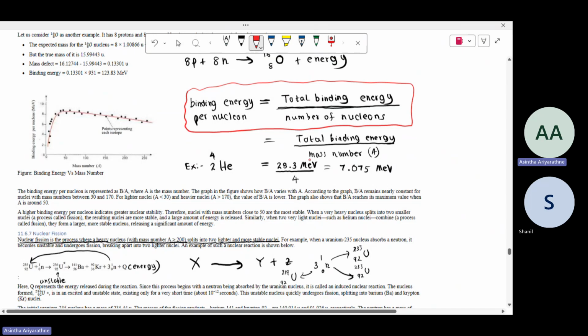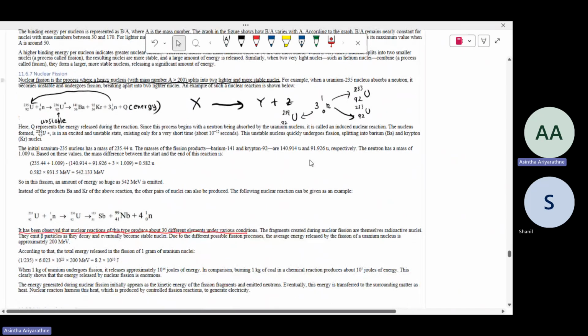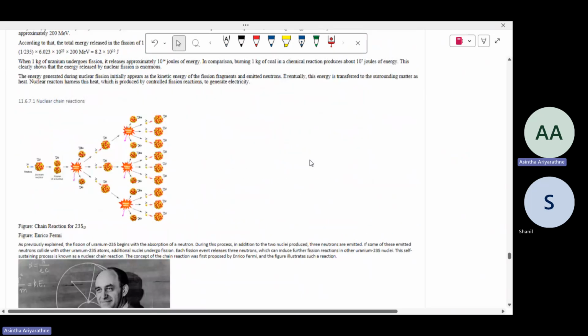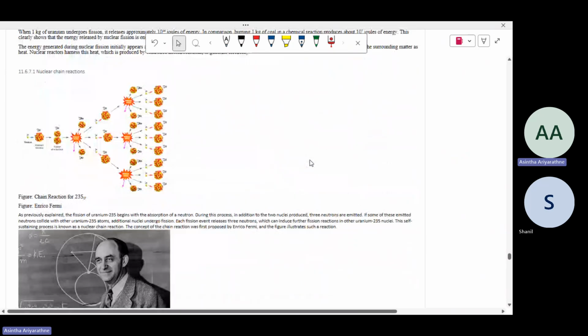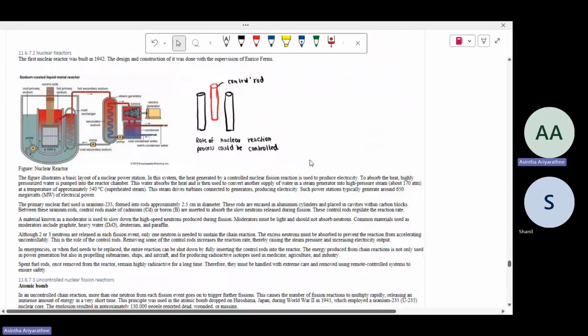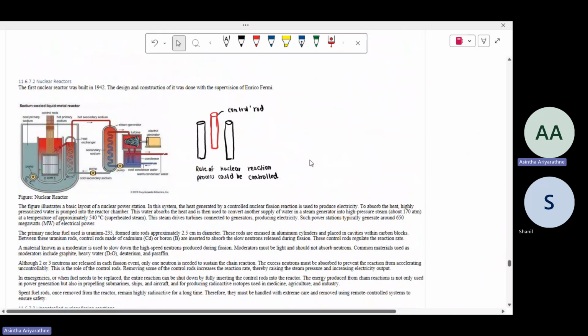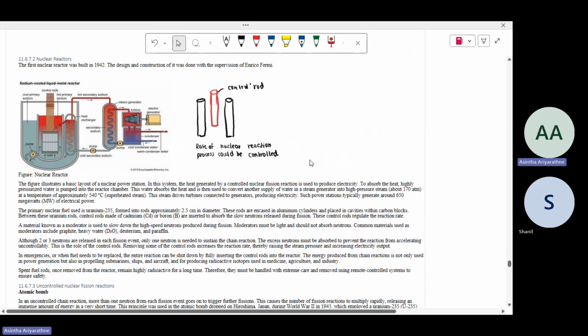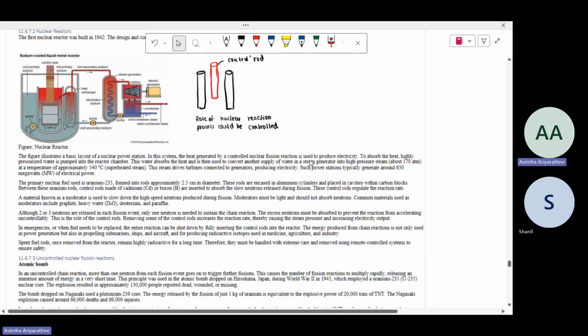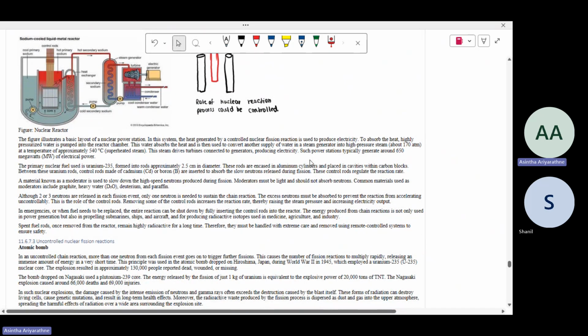Then about nuclear fission and nuclear fusion reactions. Nuclear fission is basically the breaking of highly unstable heavy nuclei into smaller, more stable nuclei. And about nuclear chain reactions, the advantage is in nuclear power plants, as well as submarines, aircraft, and spacecraft.